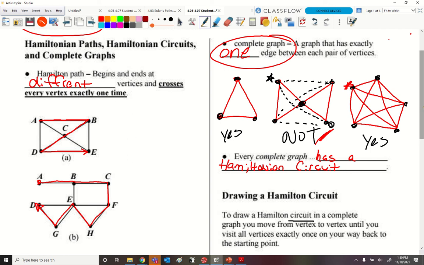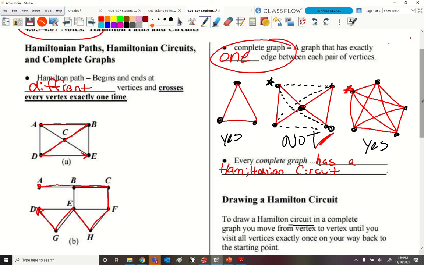In this one, I have to go to Candy's dealer's house first before I go anywhere else. If it's not complete, I have to go to the dealer's house first and then Candy's house. But if it is complete, I can go directly to Candy's house without stopping at her dealer. Does that make sense?